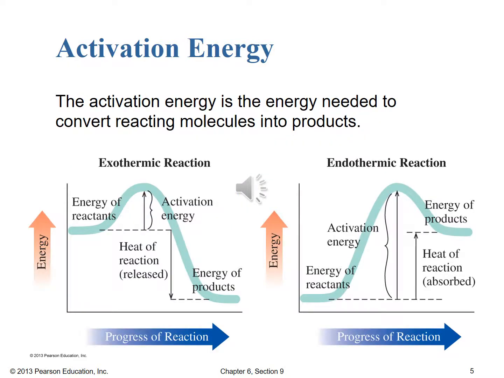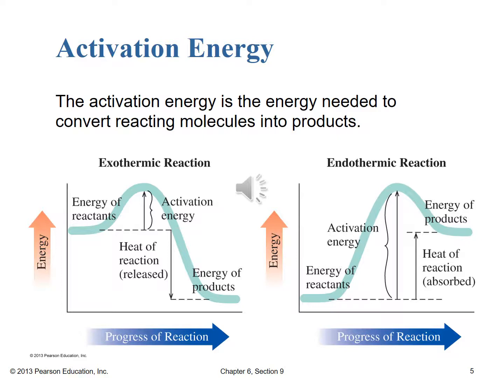Now, that's not always the case that we end with lower energy products and we release energy as heat that allows for additional molecules of reactant to overcome the activation barrier. That's the exothermic reaction case that we see on the left. But we also have the endothermic reaction case where we actually put a lot of energy into the reactants.